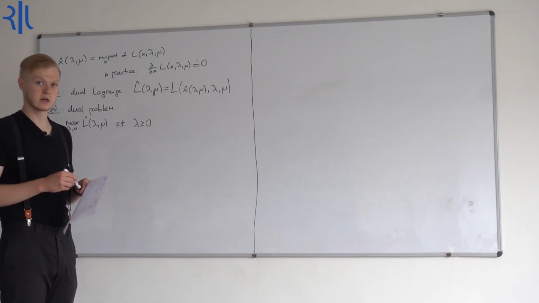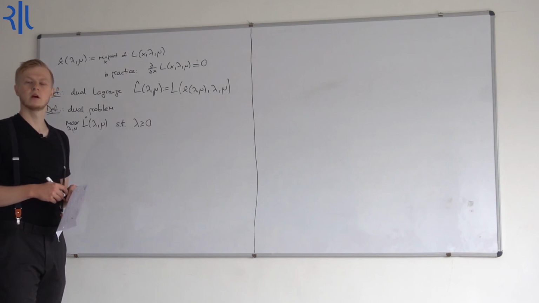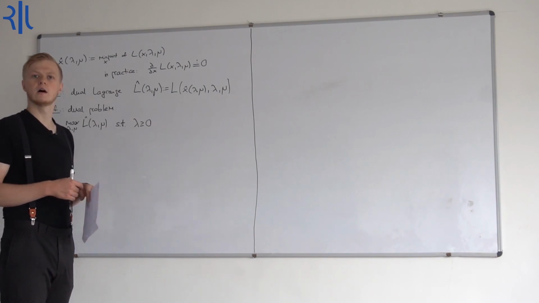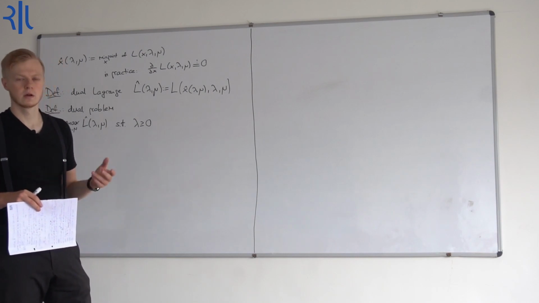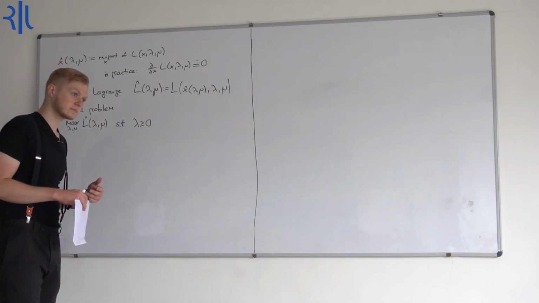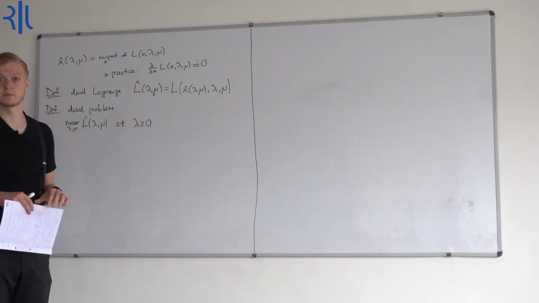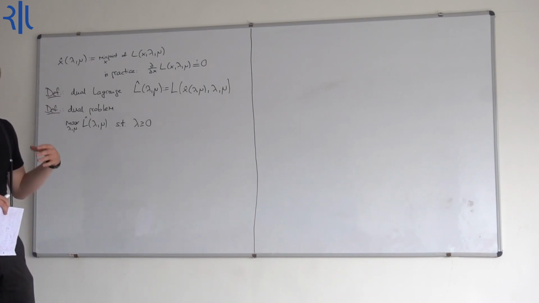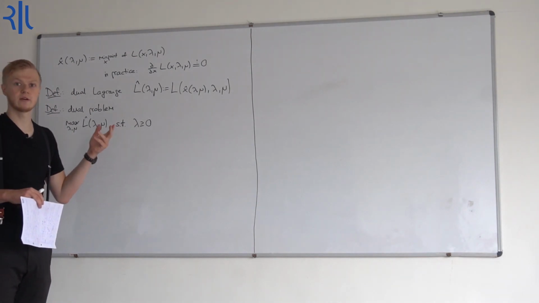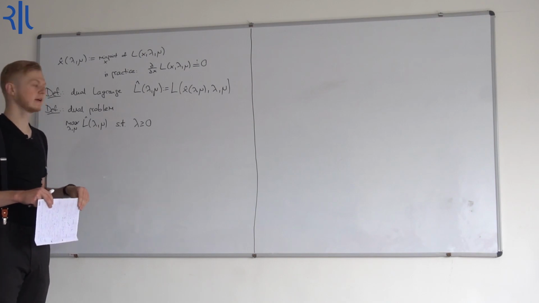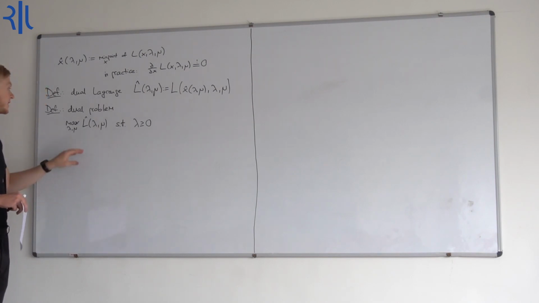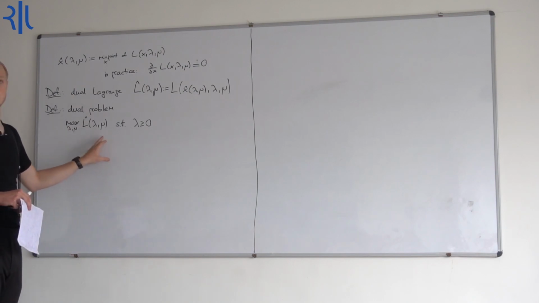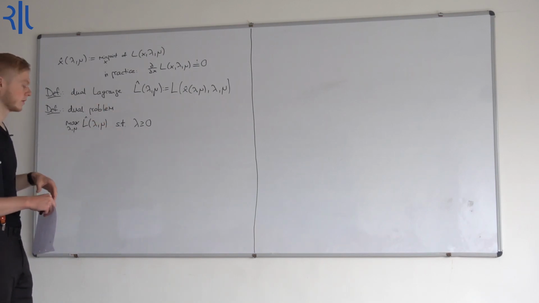So if you plug in any feasible combination of x, lambda, and mu, like x's that fulfill all the constraints set on the primal problem, the function value that you will get will be greater or equal to any feasible solution that you get from this function. So this is a lower bound on our primal problem.